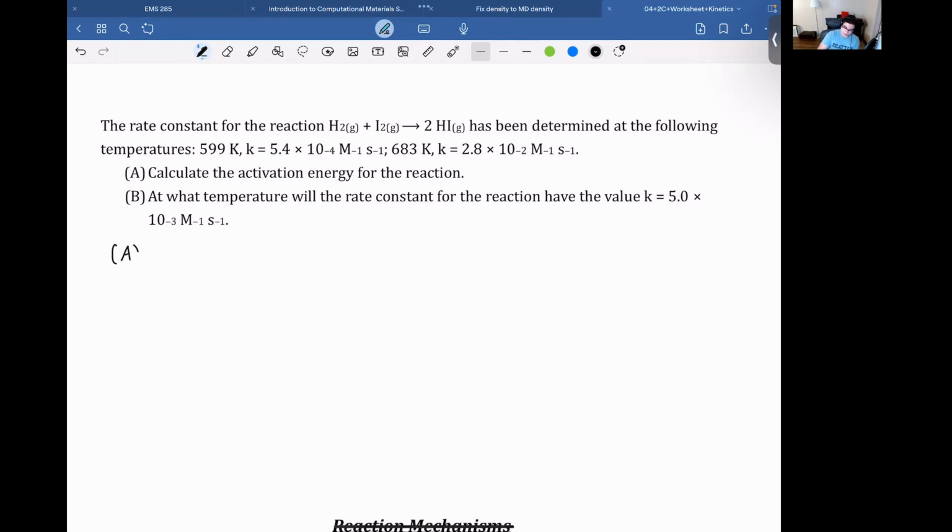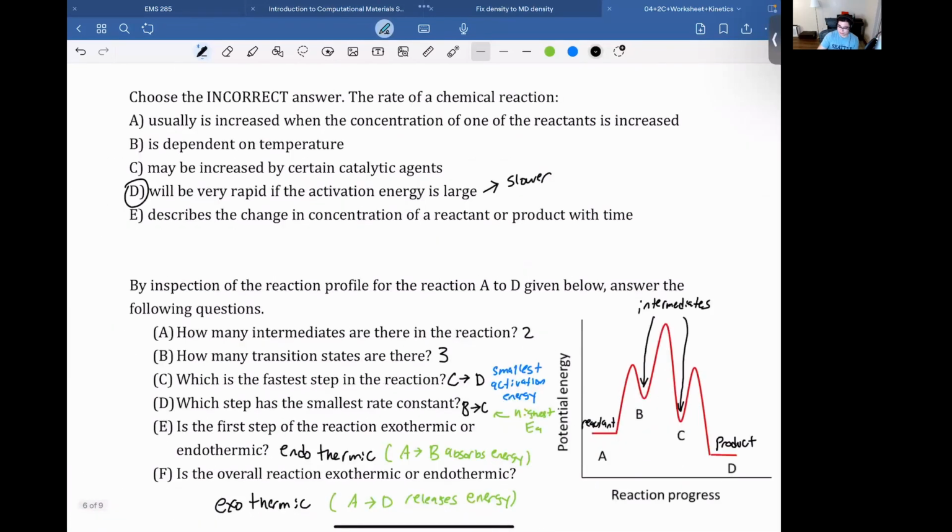So for A, the formula you should have is ln of k1 over k2 is equal to the activation energy over R times 1 over T2 minus 1 over T1. If you're wondering where this comes from, you just plug in two different temperatures in the equation we just used before, this Arrhenius equation.